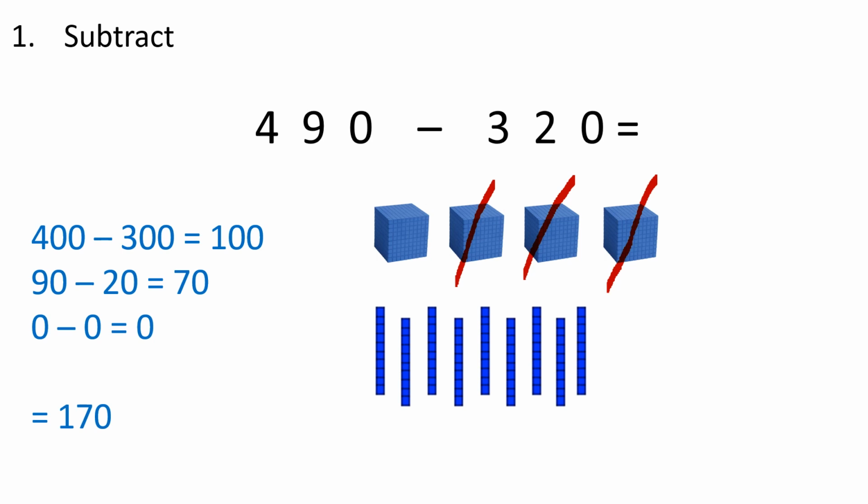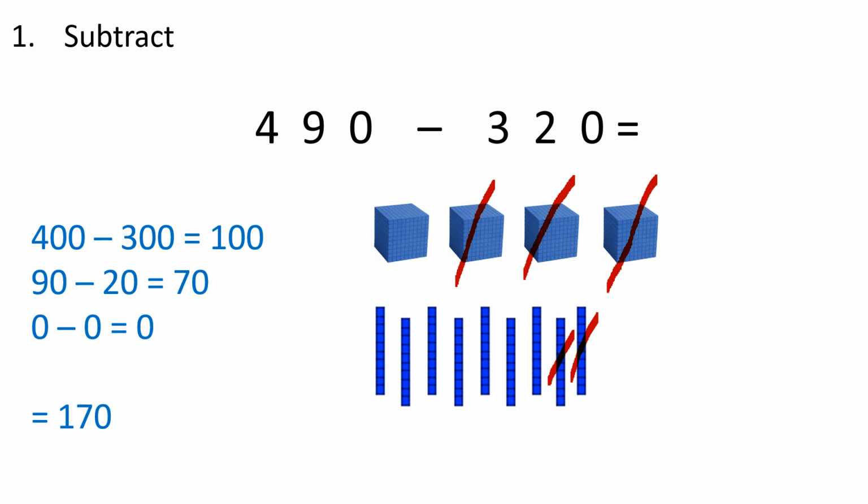And I'm subtracting 20. So I'm going to just carefully cross out 1, 2 of those tens, which leaves me with 10, 20, 30, 40, 50, 60, 70 left over. So 90 subtract 20 equals 70. So that's our hundreds and our tens done and subtracted.